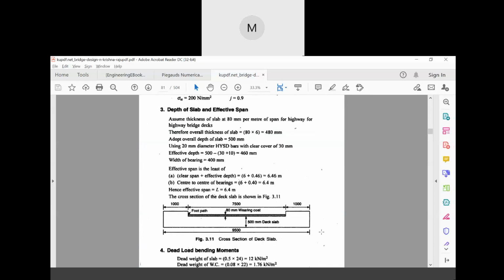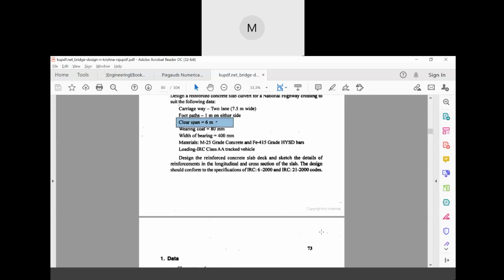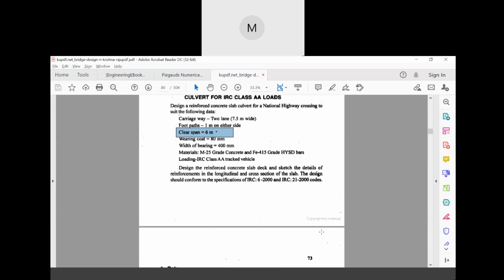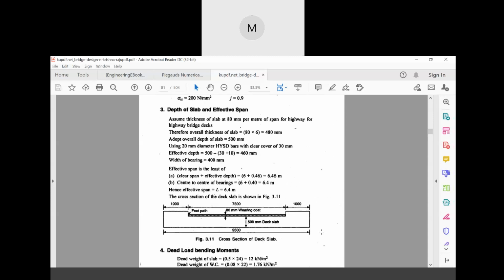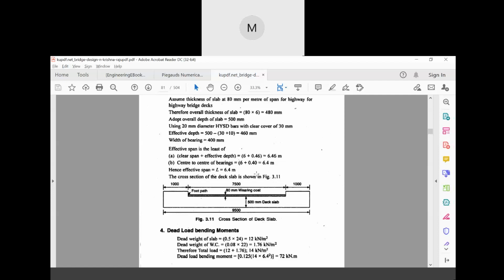Overall thickness of the slab. Now overall slab depth is what? 500 mm. This 500 mm overall slab depth is to be assumed. There are certain values that you always assume. So you have to adopt overall depth of slab equal to 500 mm.